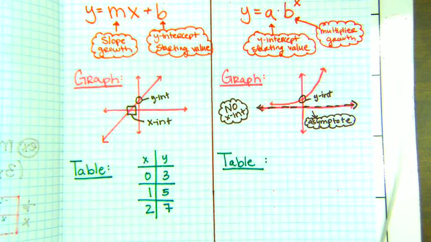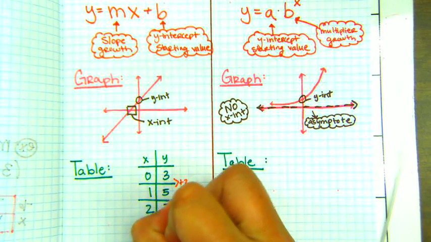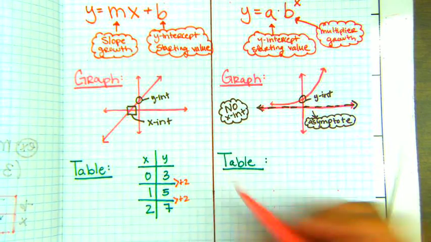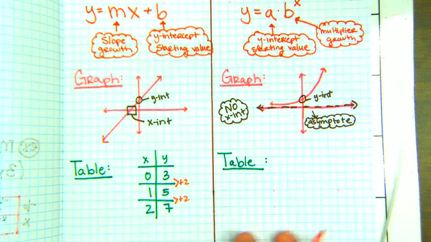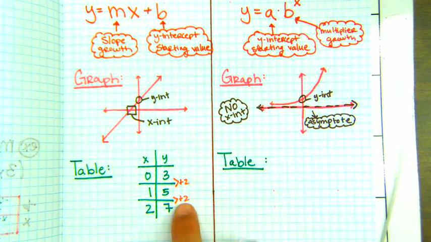You'll notice, given that table, this is increasing by 2 every time. It's going up by the same number every time. That's a linear function. It's adding by 2 every time, or subtracting by a number every time.